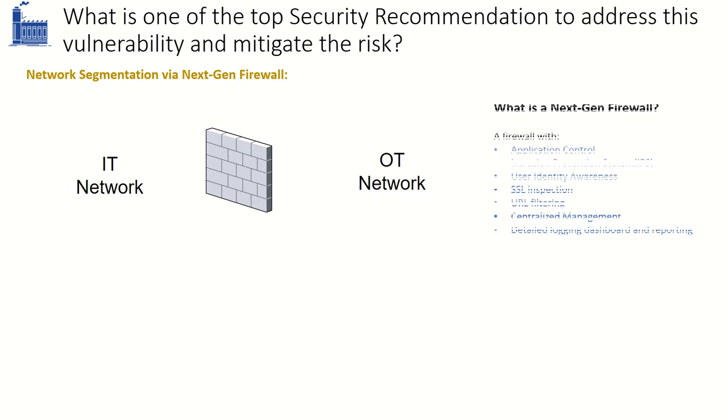So, what is a next generation firewall? A next generation firewall is something that will have application control in place, an intrusion prevention system, user identity awareness, SSL inspection, URL filtering, and centralized management. All these different modules will be running on the next generation firewall device.